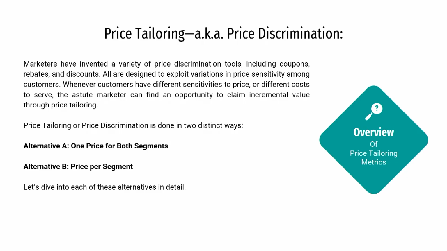When we understand that various consumers are ready to pay various prices for the same product, then instead of charging the same amount of money to all the customers, I can also look into charging various prices to various customers, probably with at least an apparent value addition. Marketers have invented a variety of price discrimination tools, including coupons, rebates and discounts. All are designed to exploit the variations in price sensitivity among the customers.